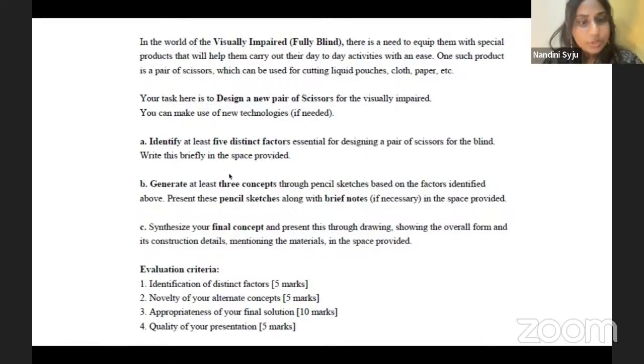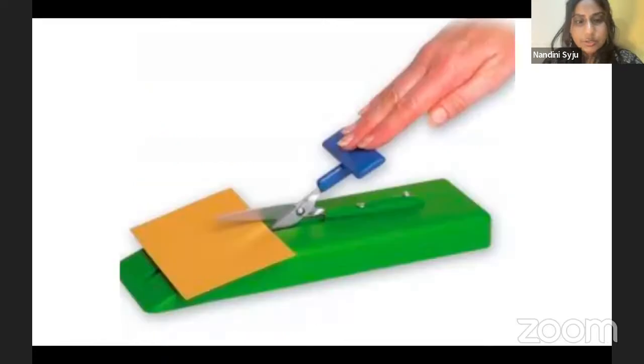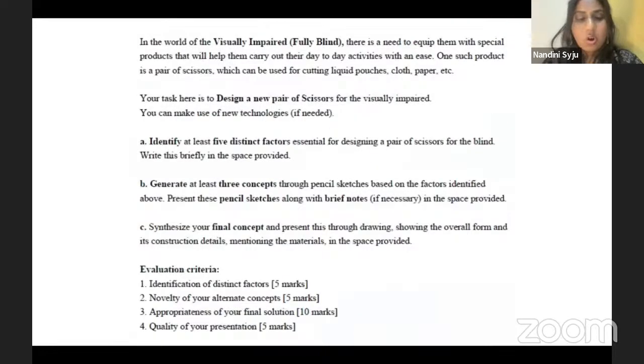All right, so over here they've been very clear about the evaluation criteria. This is a very obvious guideline of where you have to spend most of your time. Final solution is 10 marks.